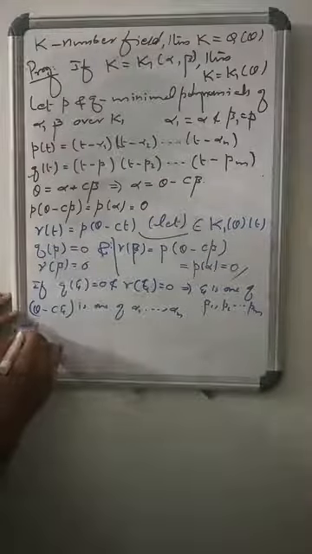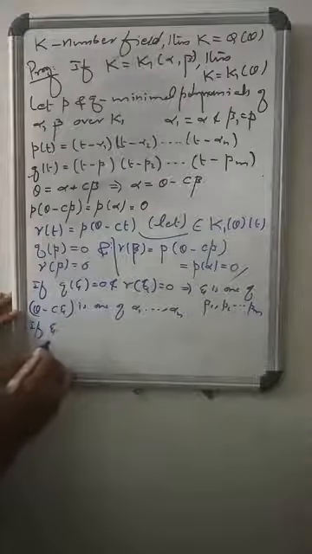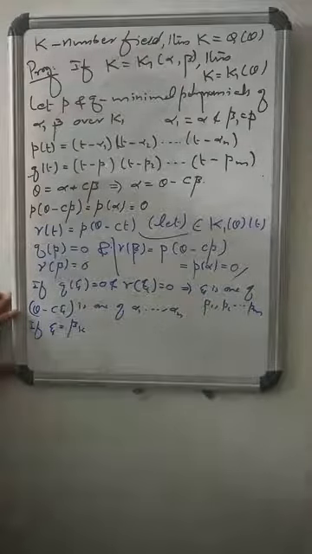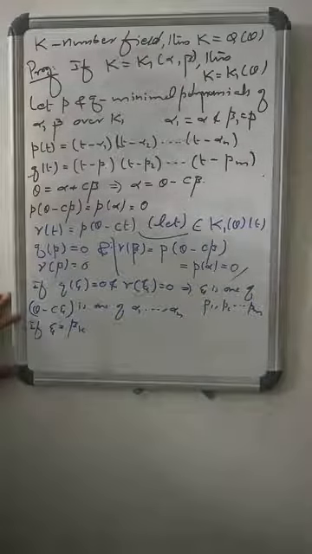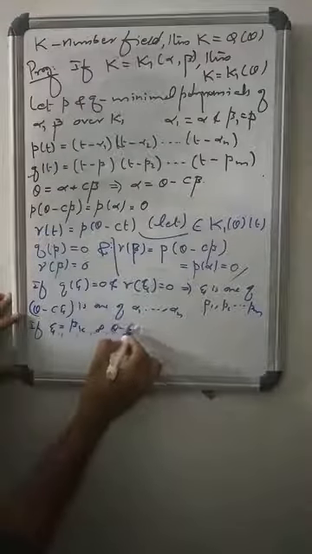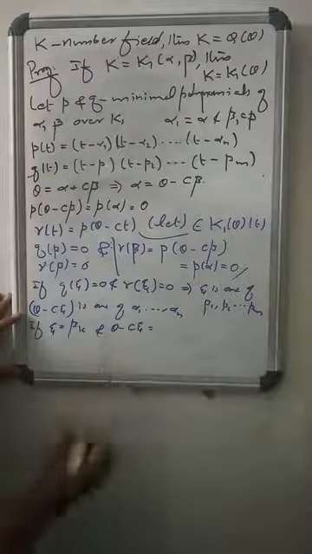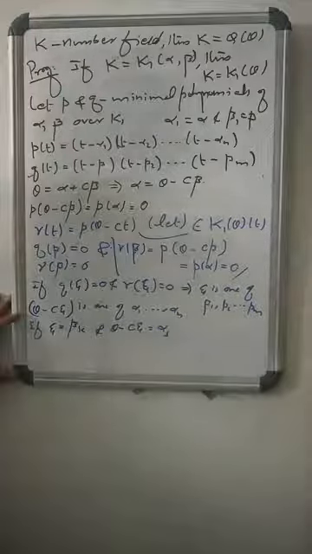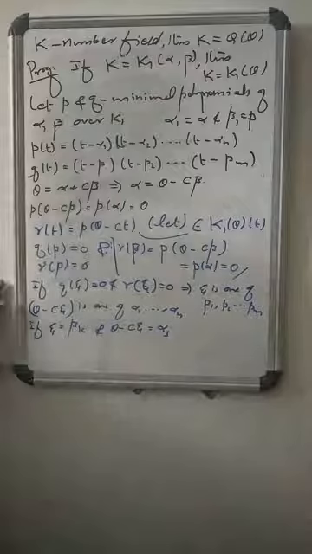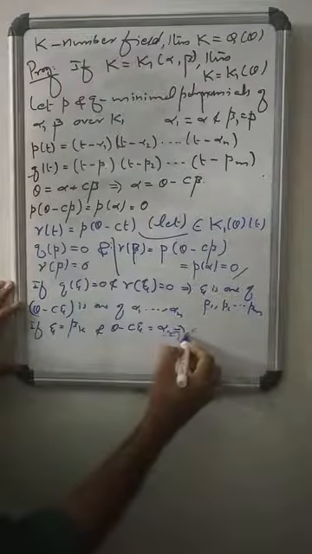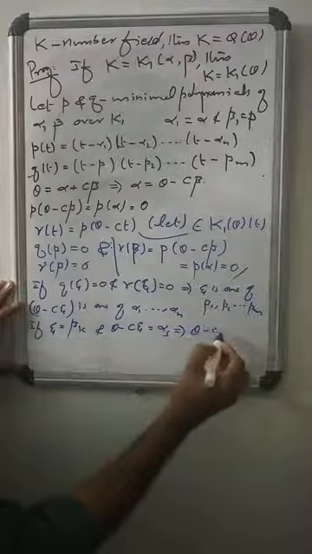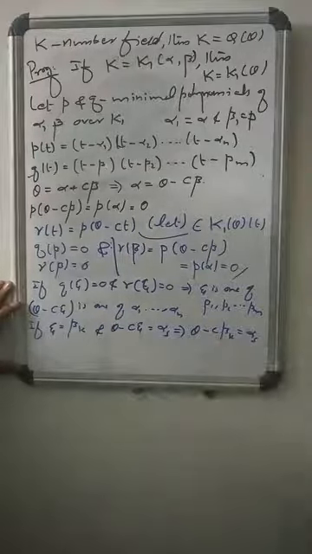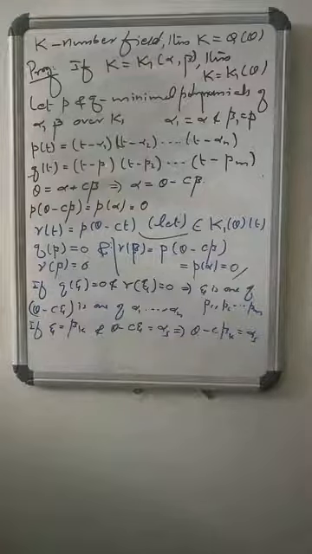If possible, suppose theta equals beta k, and theta minus c theta is some alpha s. So theta minus c beta k equals alpha s.